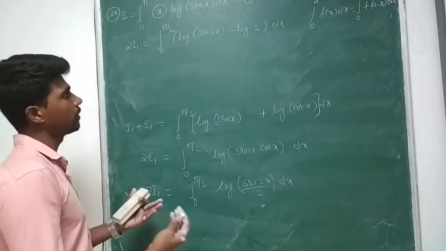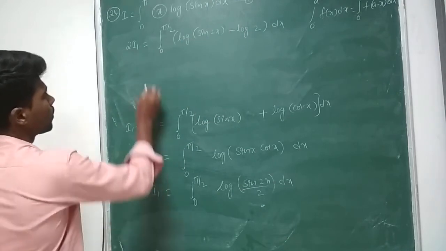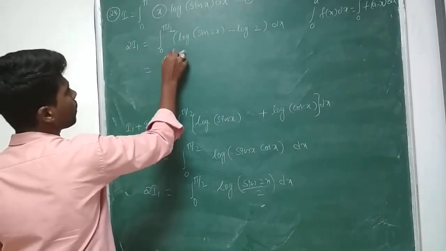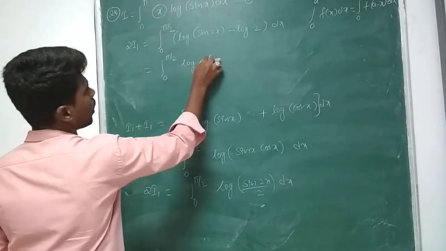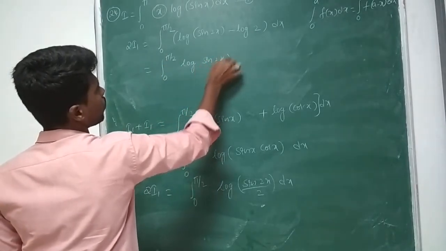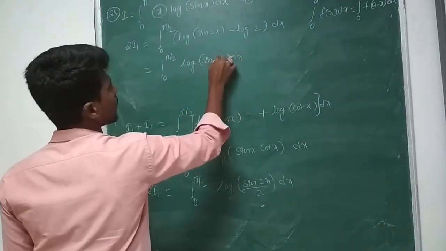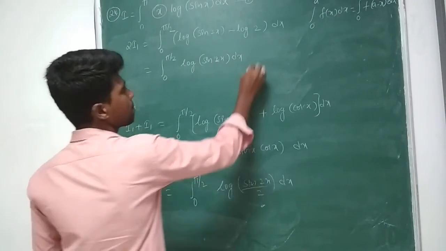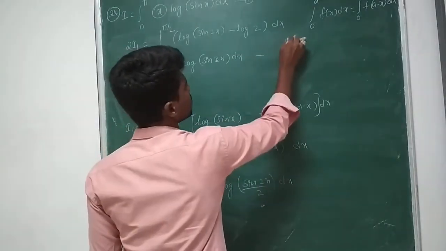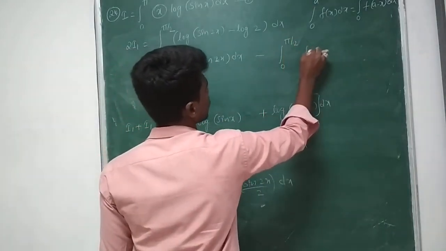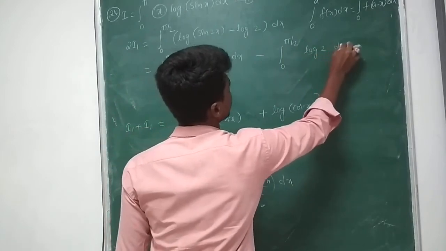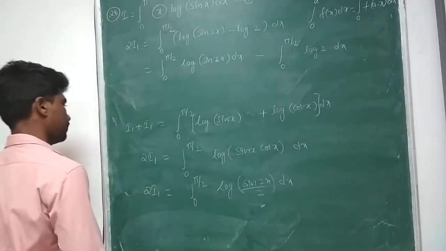So I can split this into two integrals: integral 0 to pi by 2 log sin 2x dx as the first part, minus integral 0 to pi by 2 log 2 dx as the second part.